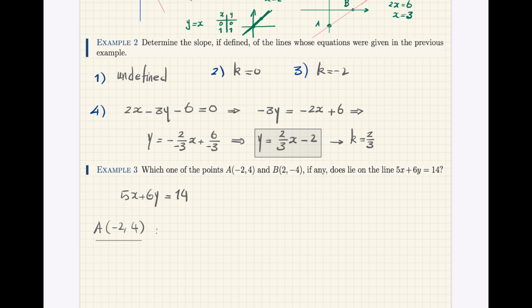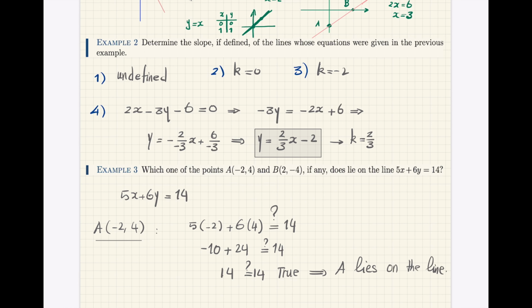Instead of x, I put -2. Instead of y, I put 4. And then ask myself, is it equal to 14 or not? What is the left-hand side? -10 plus 24. This becomes 14 equals 14. So this is true. So this means that A lies on the line.